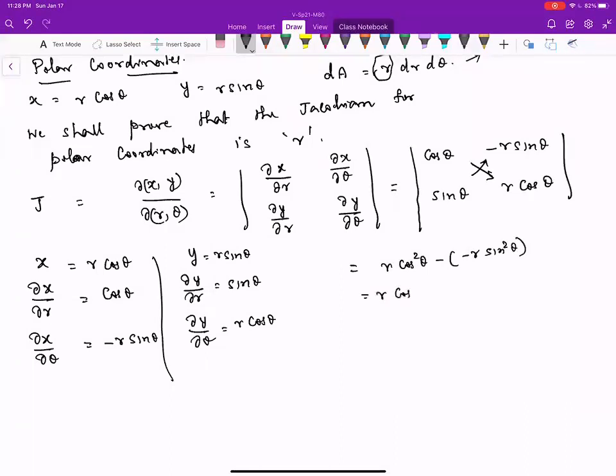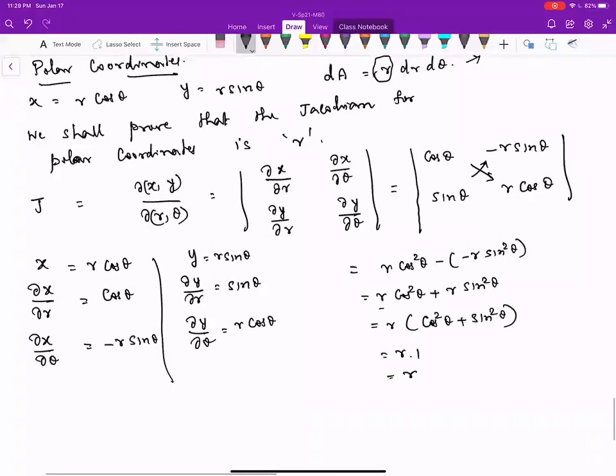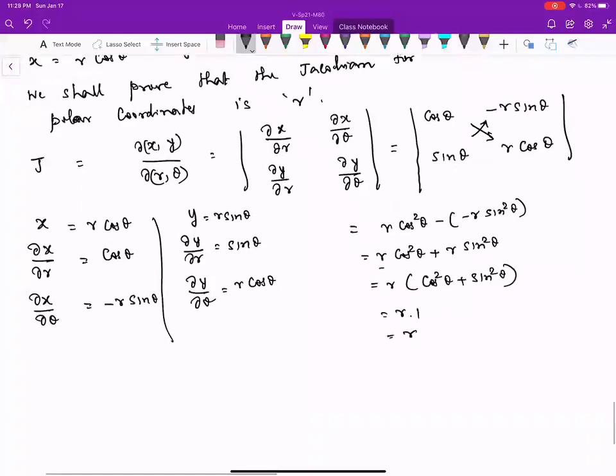It is r cosine square theta plus r sine square theta. R can be pulled out. It is cosine square theta plus sine square theta. It is r times 1, which is equal to r. Thus, we have proved the Jacobian in polar coordinates is simply r.